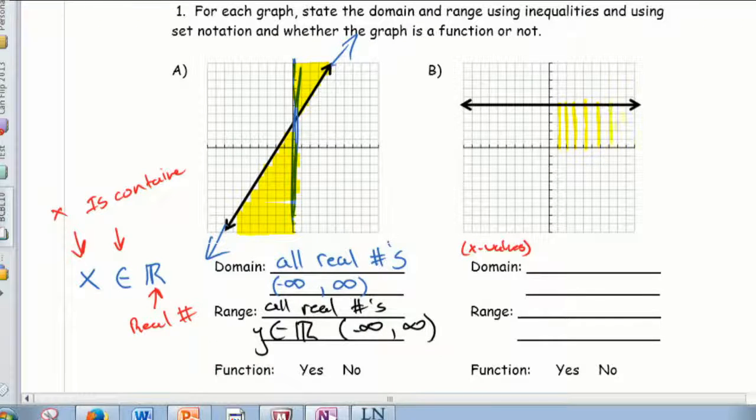That line is using all of these x values, so literally everything along here and same deal along here. All of those x values are being used forever, in both directions, negative and positive, to infinity and beyond. So the x values being used by this graph are all real numbers, or x is contained in the real numbers, or negative infinity to positive infinity.